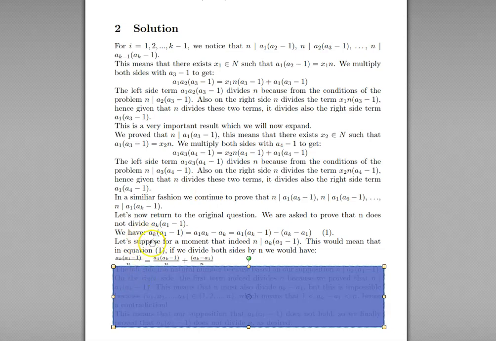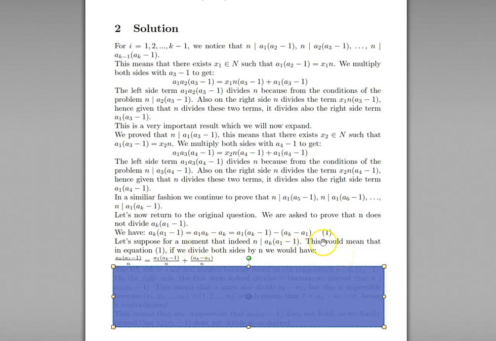So we can express ak times a1 minus 1 as equal, by expanding a1 times ak minus ak, to a1 times ak minus 1 minus ak minus a1. Let's suppose for the moment, for the sake of contradiction, that indeed n divides ak times a1 minus 1.